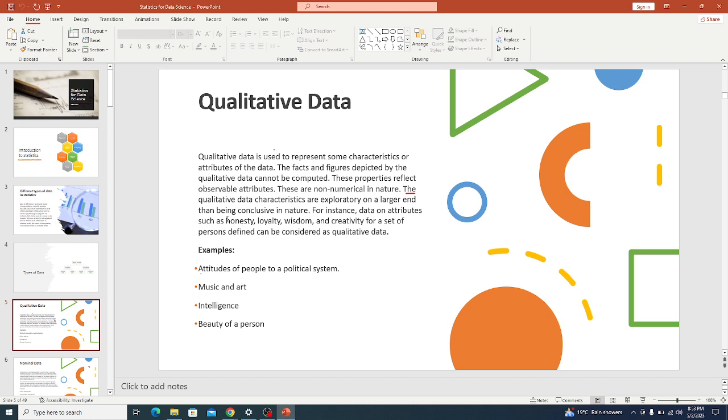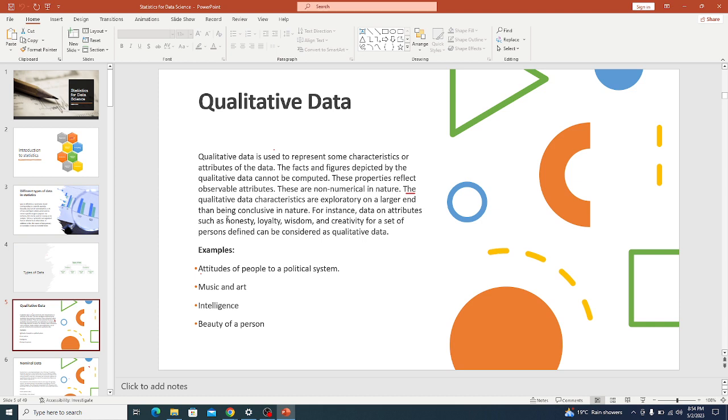So the facts and figures depicted by qualitative data cannot be computed or calculated. These properties reflect observable attributes.